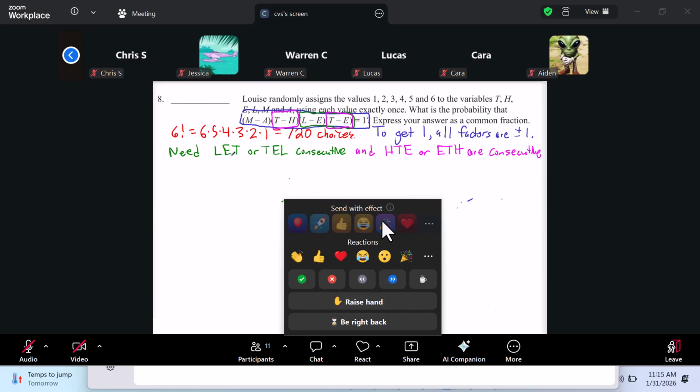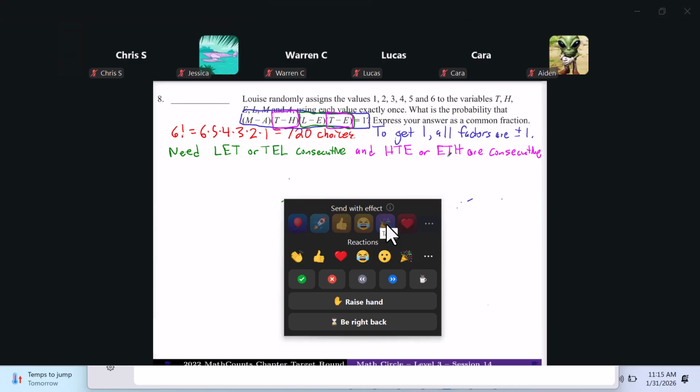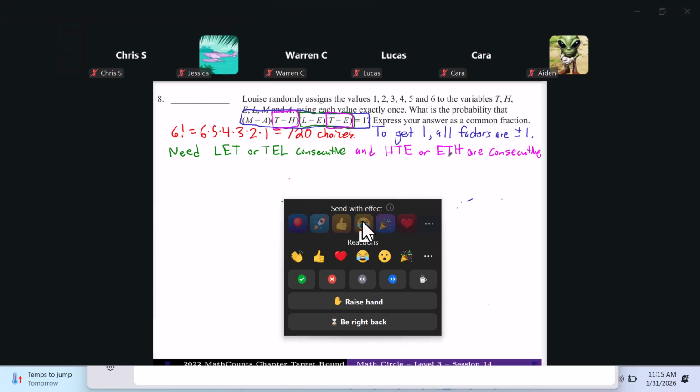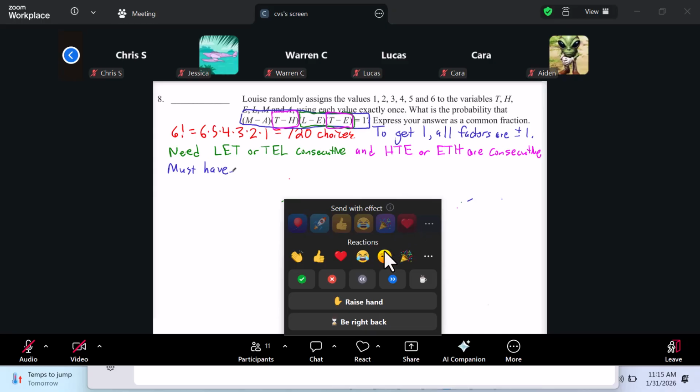I have an ET here, a TE here, a TE here, and an ET here. So these things need to pair up and actually tell me that four of these variables need to be consecutive.